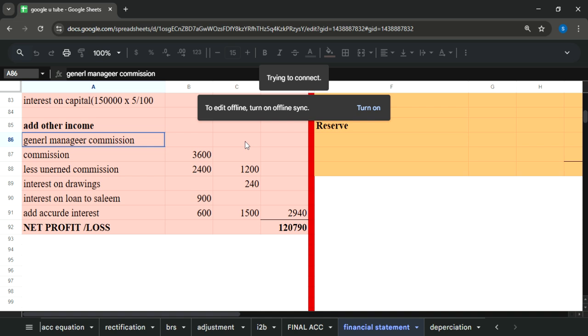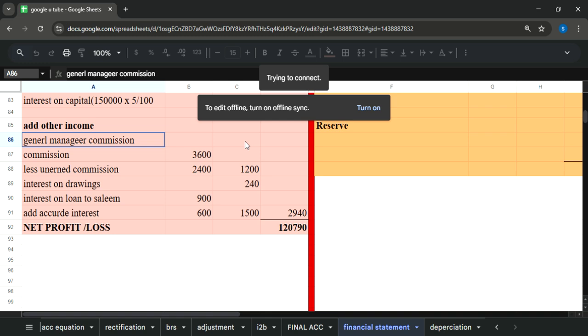Please note what we were going to do. If you want to calculate the general manager commission and it has been written after charging such commission, you will not multiply by 10 divided by 100. Instead of 100, you will add the rate of commission as well.